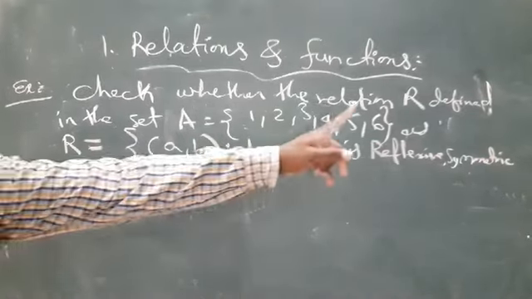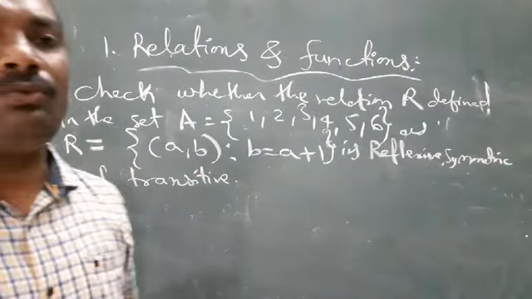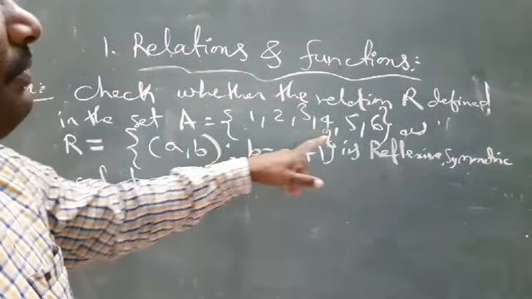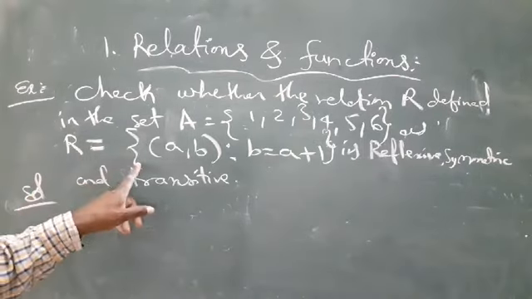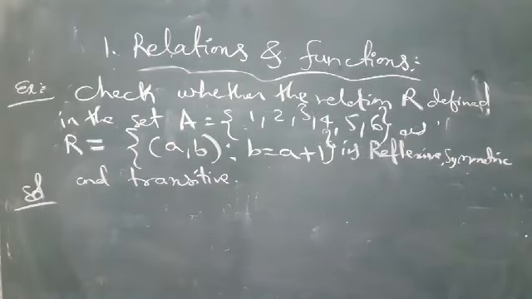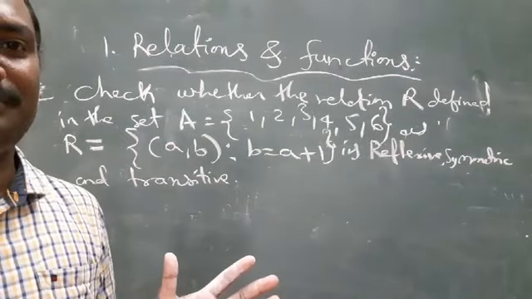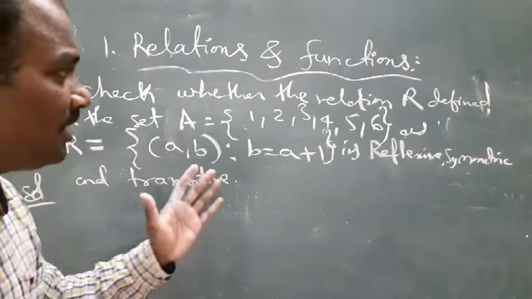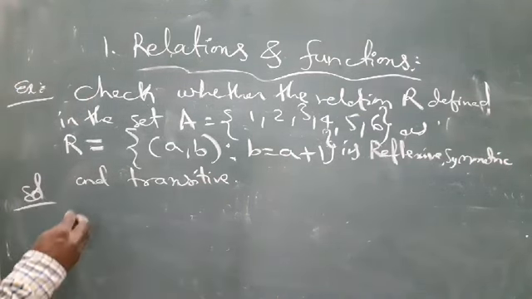Check whether the relation defined in the set A = {1, 2, 3, 4, 5, 6} as a relation is reflexive, symmetric and transitive. We will check now how.